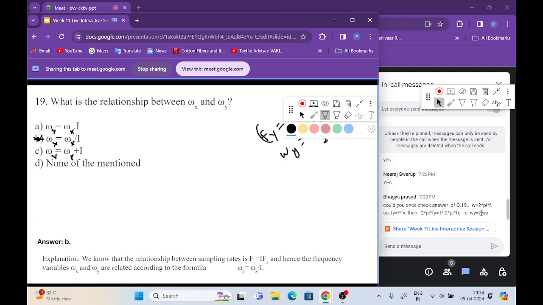Please check 2 pi f, correct. Yeah, I will see this question again, Bhagya Prasad. Yeah. It is W x into I, but is it for decimation or interpolation? I will check it.